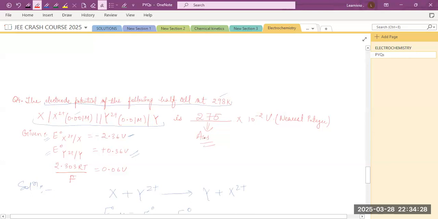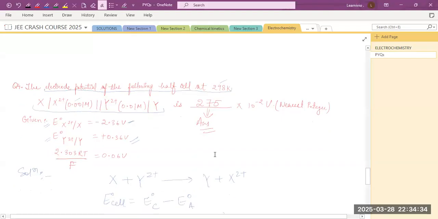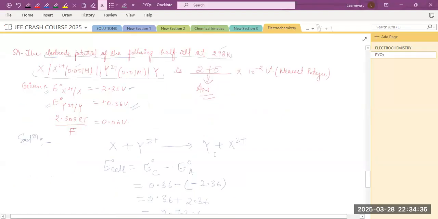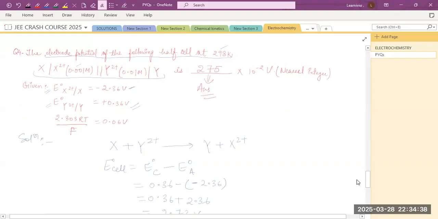This type of integer type question can be asked in the exam. Is it clear, Apsana and Meera? Is there any doubt in any step?